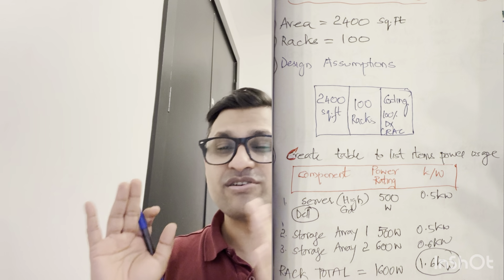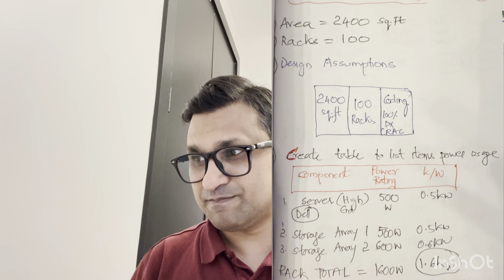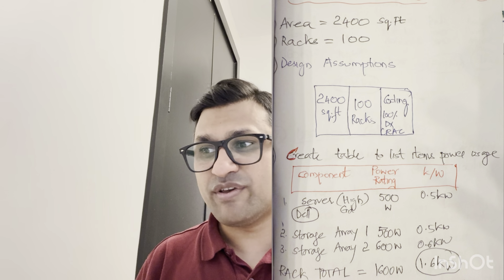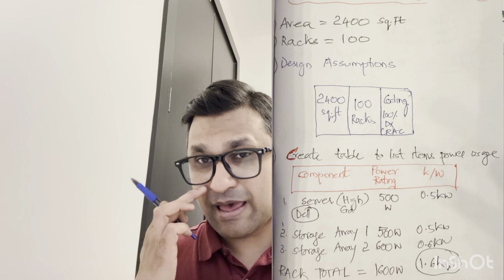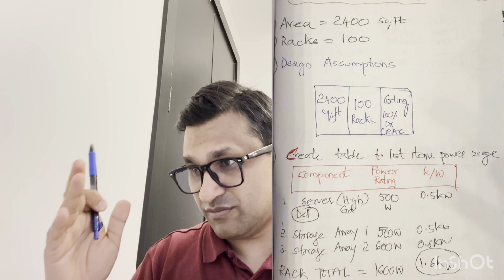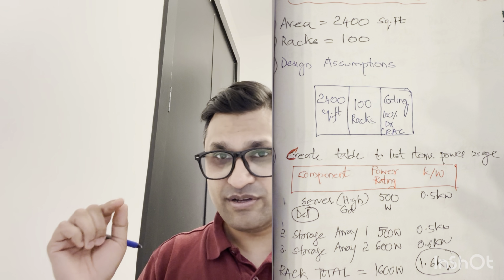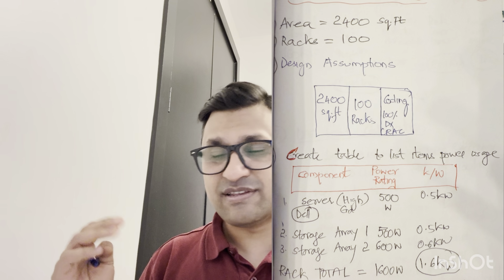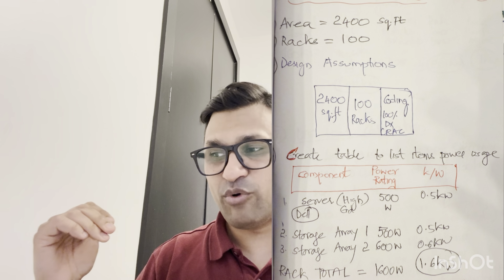So if we have 100 racks, we need to find out what one rack's power usage is going to be. If we consider Dell R450 servers, they have a 500 watt rating, which is 0.5 kilowatt, and you have storage array 1 and storage array 2, let's assume 500 watts and 600 watts, which is 0.5 kilowatt and 0.6 kilowatt.